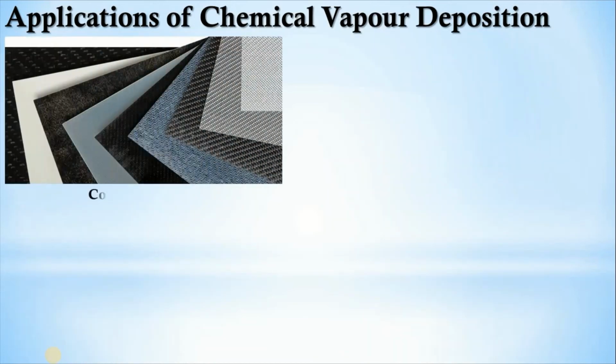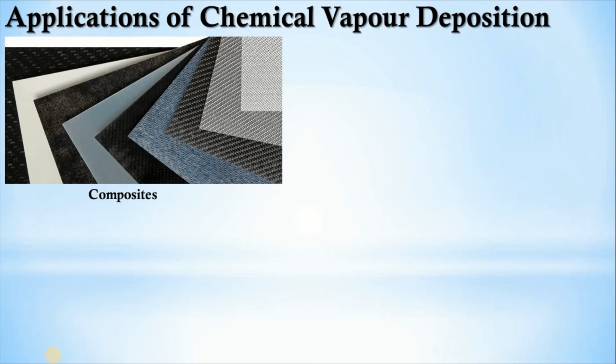We can use chemical vapor deposition for composites, which can be infiltrated using CVD techniques to produce ceramic matrix composites such as carbon-carbon, carbon-silicon carbide, and silicon carbide combination composites.